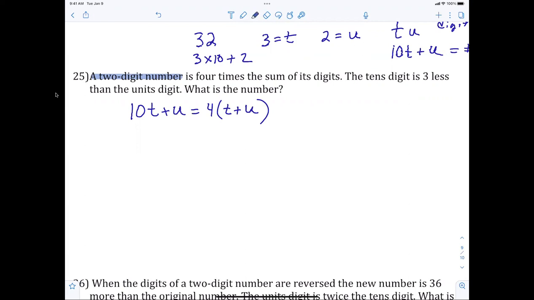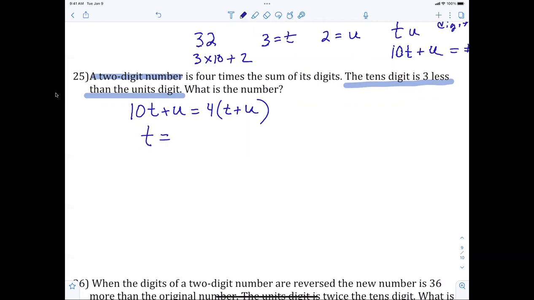Now it says the tens digit is 3 less than the units digit. How do I write that? 1t minus 3. T equals 3 plus u.